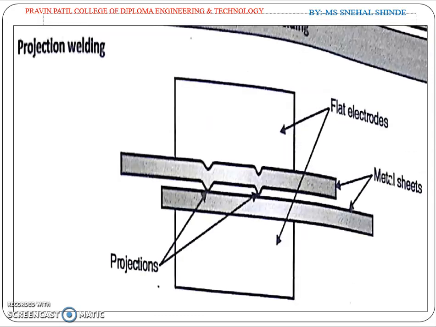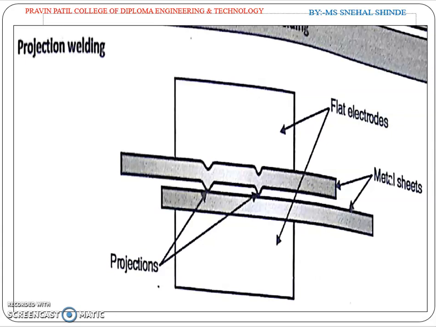The next welding is the projection welding. It is a modified form of the spot welding. The electrodes used are flat and not pointed as in the case of the spot welding. Projections are made on one sheet so that heat is concentrated in that region.